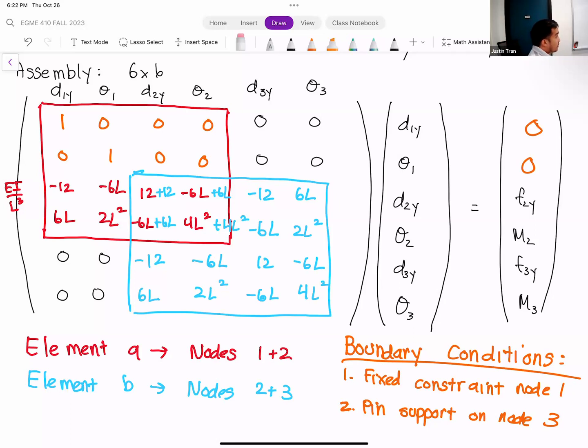All right, and then the pin support on node 3 is only going to knock out the translational degree of freedom of node 3. That means d3y is going to be 0, but theta 3 is going to remain free. So we're going to leave the last row of the matrix alone, and only the second to last row is the one we're going to knock out here.